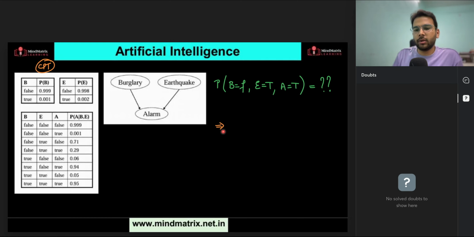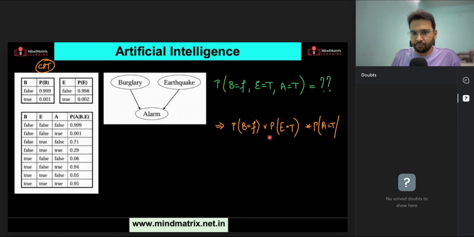Based on this Bayesian network, this graph that is given to us, we can write the expression first. Probability of burglary is false, multiplied by probability of earthquake is true, because these two are independent, and then probability of alarm is true given that burglary is false and earthquake is true.